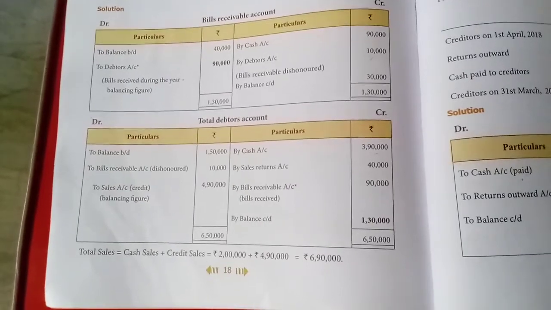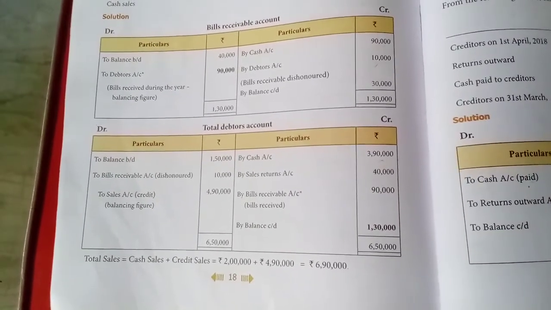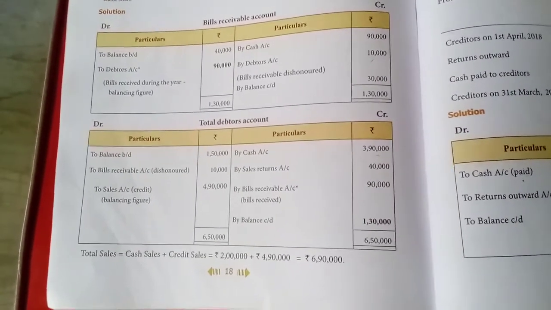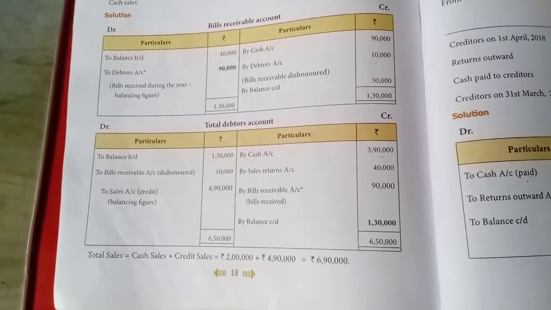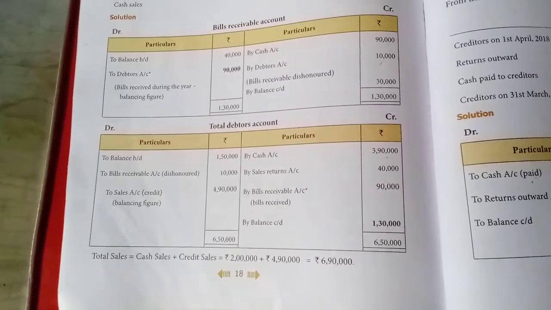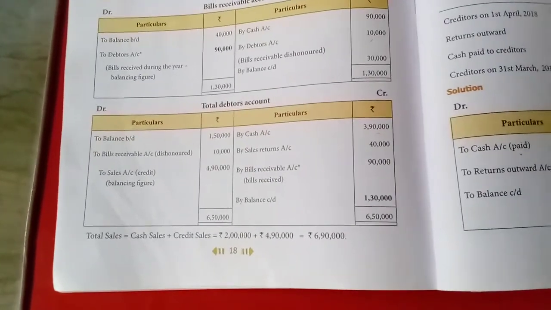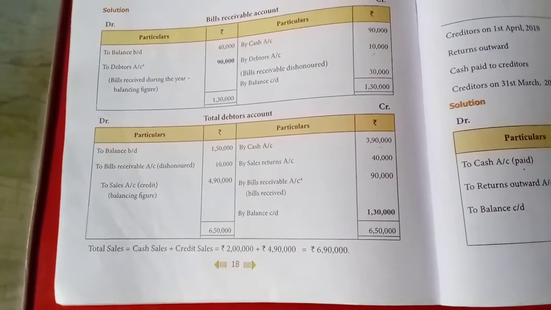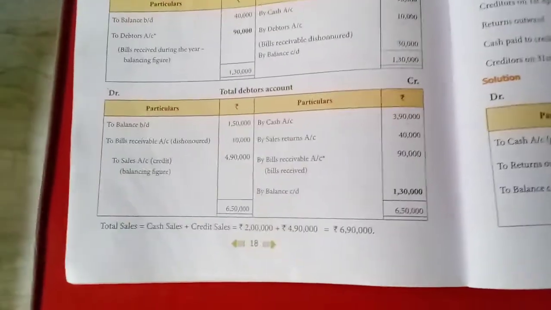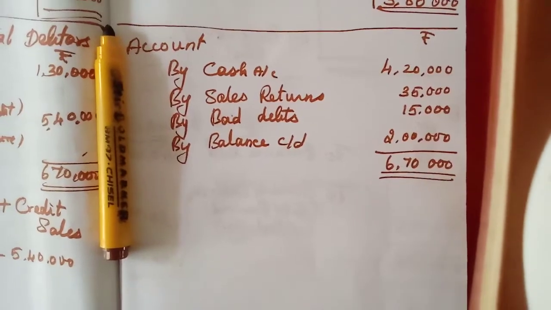You see, debit to debtors, that one only will appear here. What is on the credit side will appear on the debit side. Then that's all. The balancing figure is credit sales. Then the last line, total sales is equal to cash sales plus credit sales. We will get the total amount, total sales. We will see the 13th exercise now.